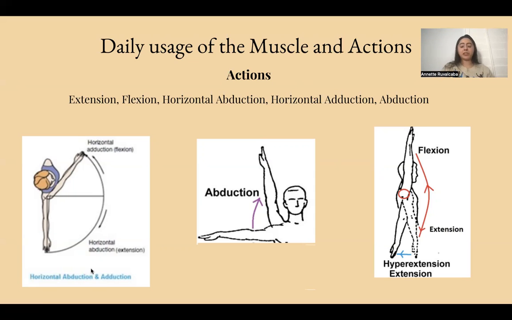And then for flexion and extension, we put our arms forward, and so we are in the sagittal plane, and on this we are flexing. This is flexion, and then coming downwards would be extension. And again, that would be the sagittal plane, and then for abduction, this would be the frontal plane.